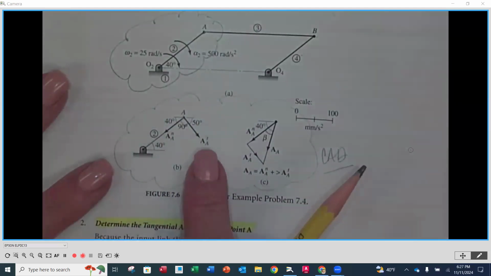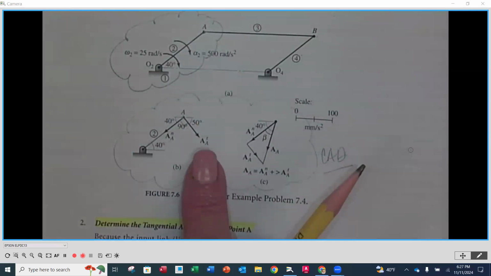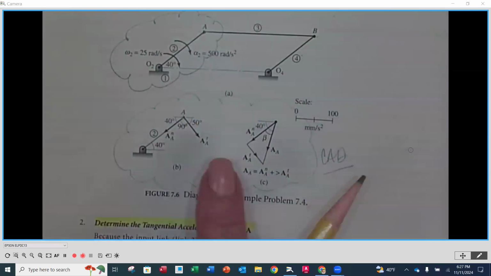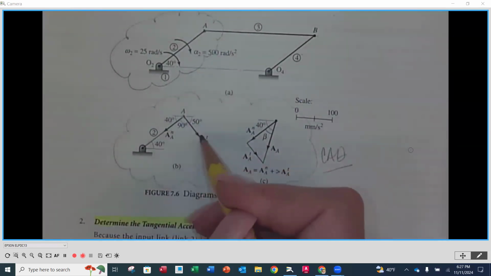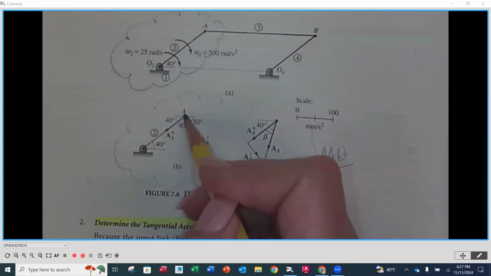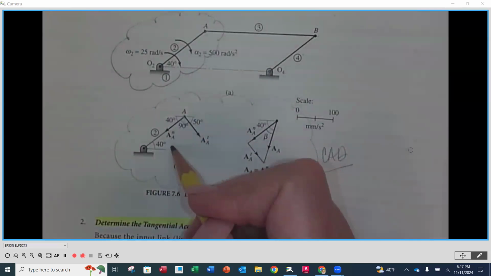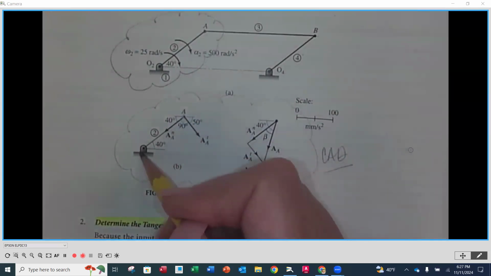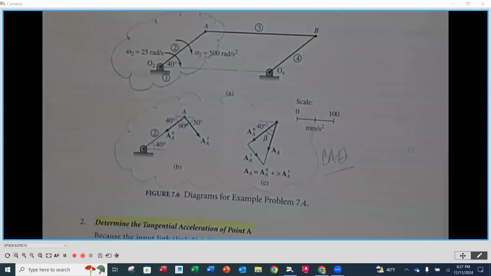So that acceleration tangential component at A is going to be perpendicular to its radius of rotation, in the direction of angular acceleration. Then from A, the normal component of acceleration is going to point back towards the center of rotation. Always, always, always.